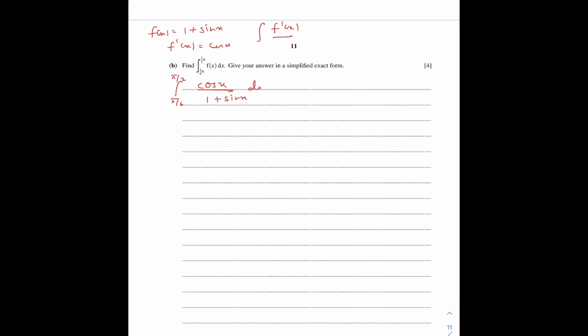Now if f(x) is 1 plus sin x, f dash x is cos x, so this basically becomes the integration of f dash x over f(x) dx, which is ln f(x) plus c.